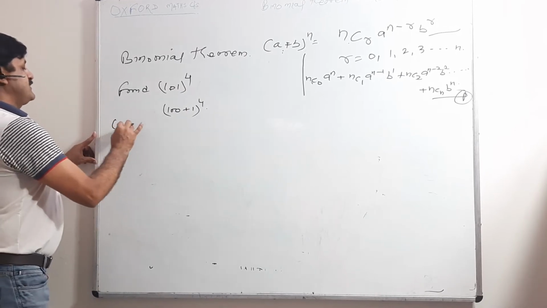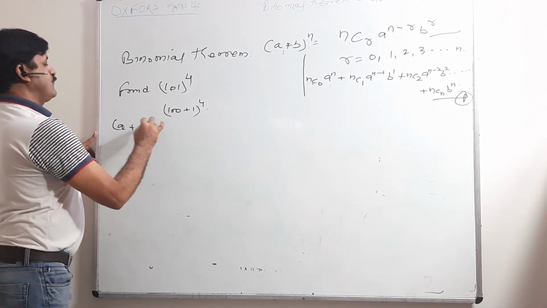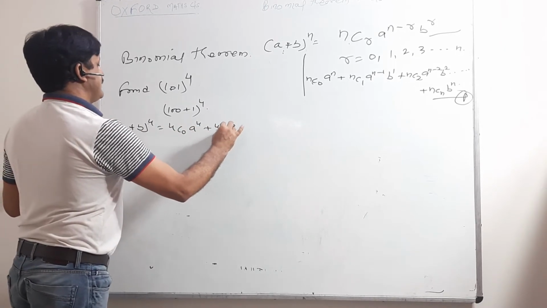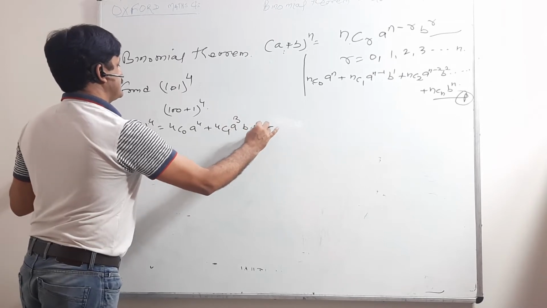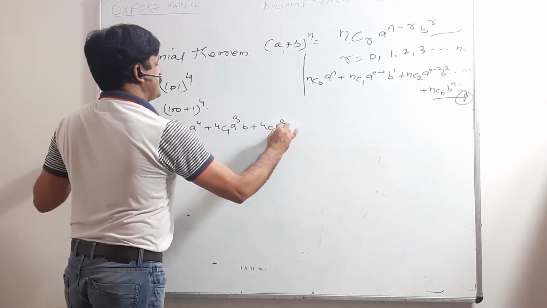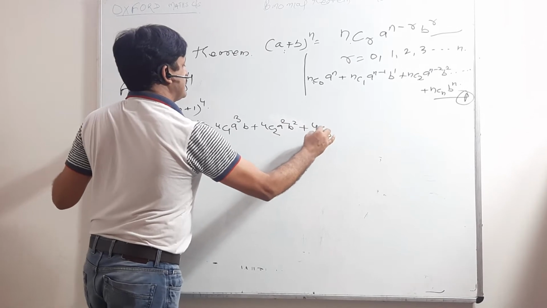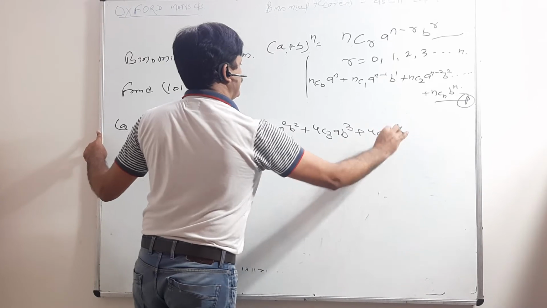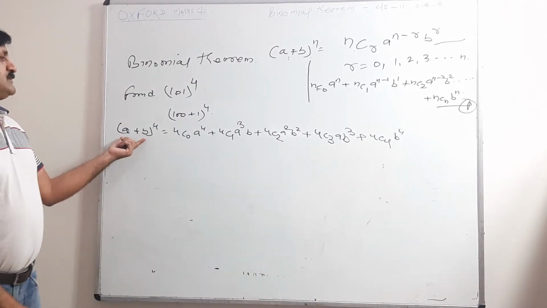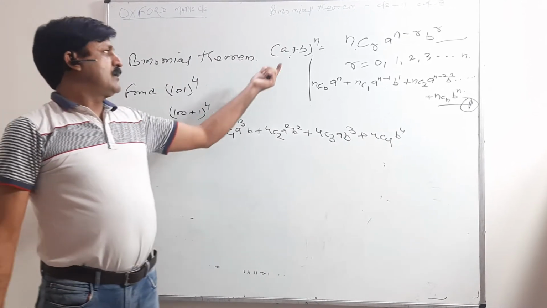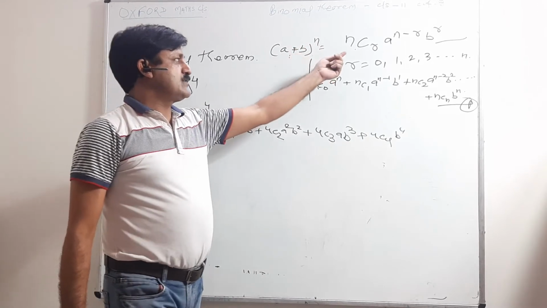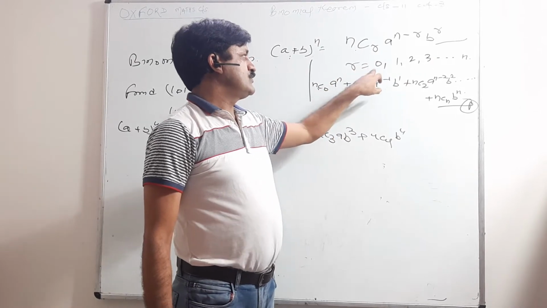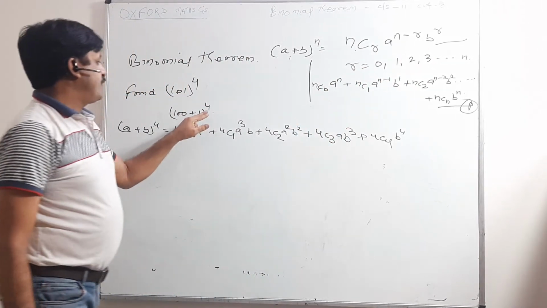Now a plus b whole power 4 is equal to 4C0 a power 4, 4C1 a power 3 b power 1, 4C2 a power 2 b power 2 plus 4C3 a b cube plus 4C4 b power 4. These are coming from a plus b whole power n is equal to nCr a power n minus r b power r. Put the value of r is equal to 0, 1, 2, 3 and 4.